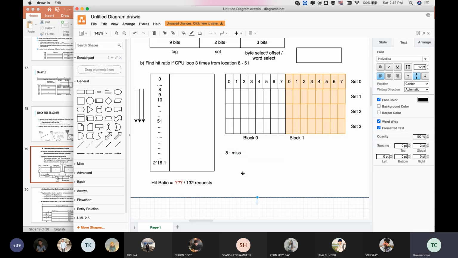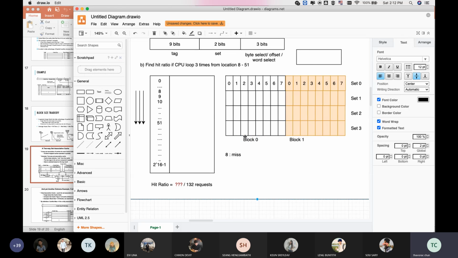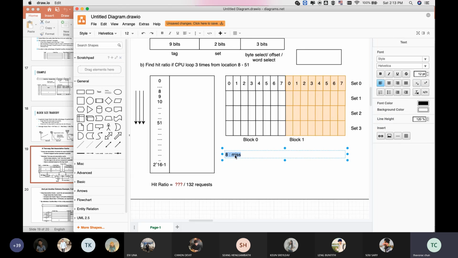So when we access address number 8 and it's a miss, it needs to copy the entire block from main memory and store it into our cache, from address 9 to address 15.